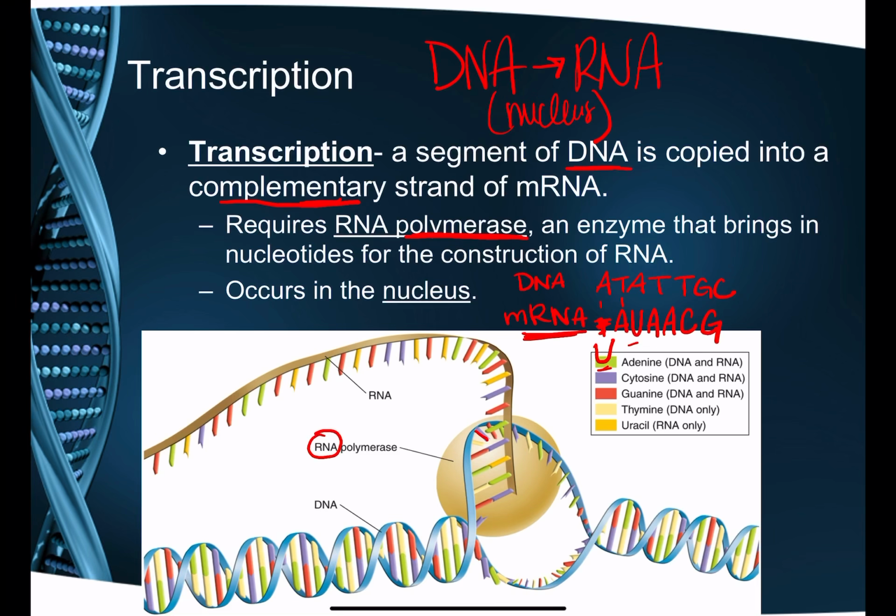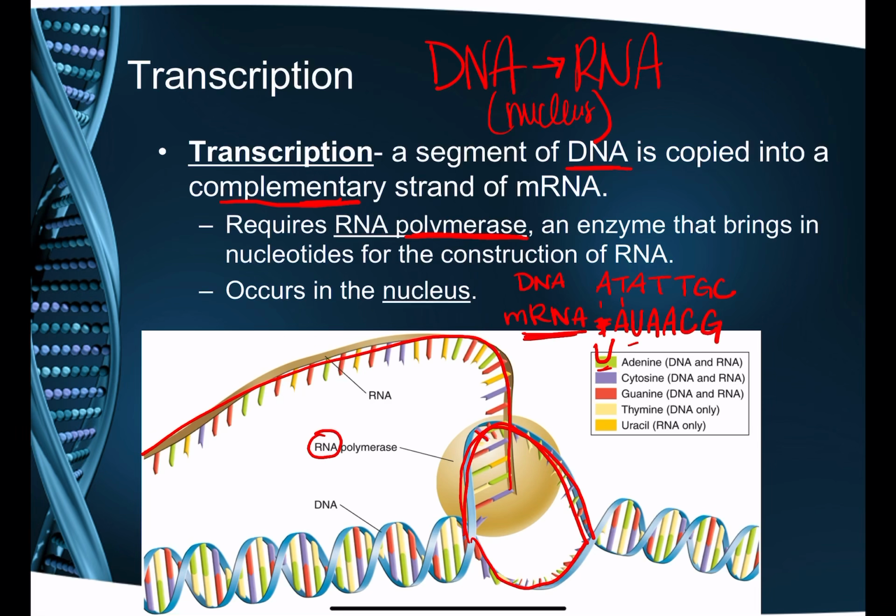Just like we had that DNA split open in the fork, that was in replication, okay? But now we're talking about transcription. But we have the same thing that happens. The DNA opens up and we make a complementary sequence of RNA, okay?